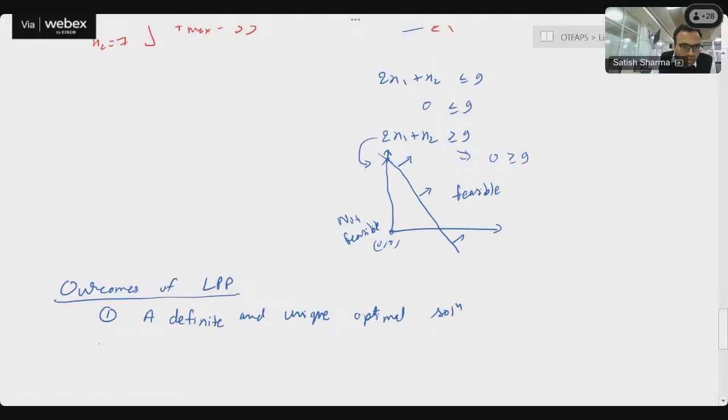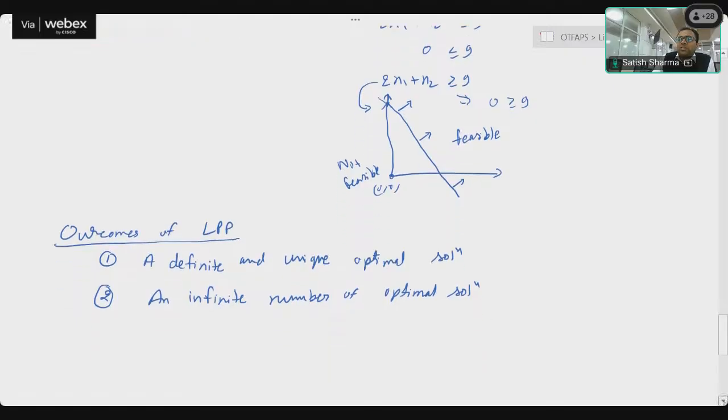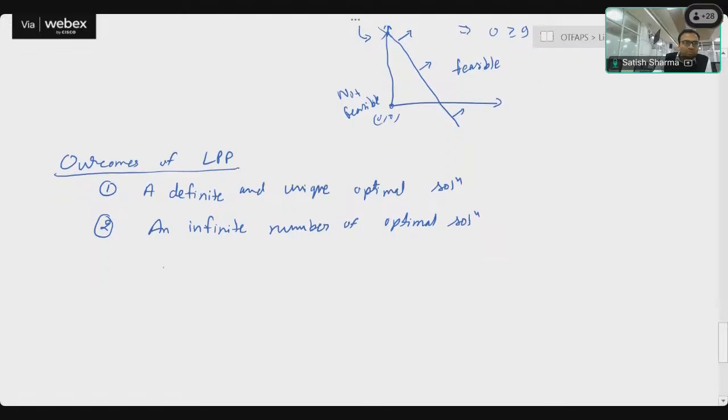Second case, which we have already discussed, an infinite number of optimal solutions, and in that case you can pick any solution, all will have the same objective function value.